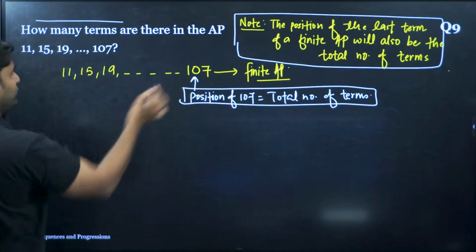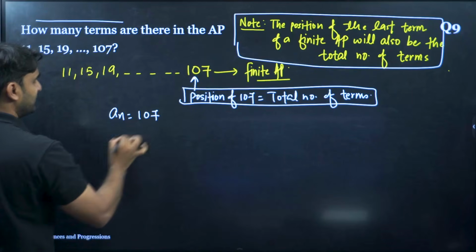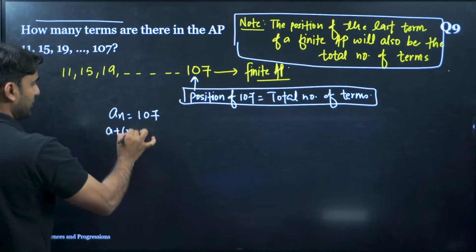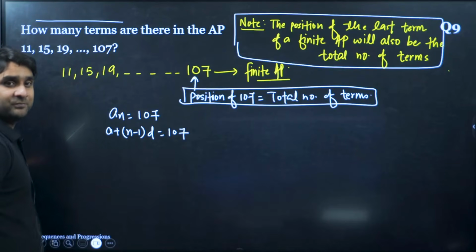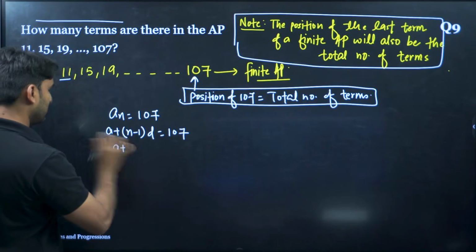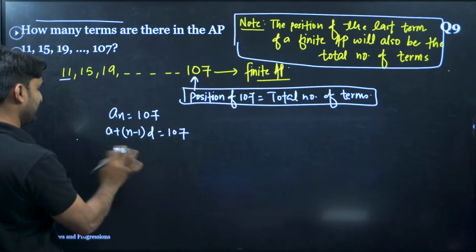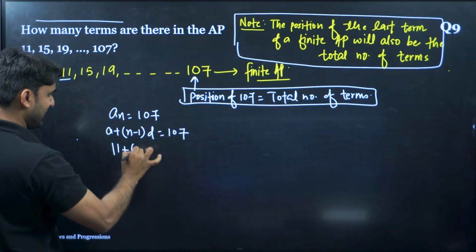Okay. I don't know the position, so let's imagine an is equal to 107, and we have the formula for an: a plus (n minus 1)d is equal to 107. What is a? a we have is 11. So let's put here 11 plus (n minus 1).